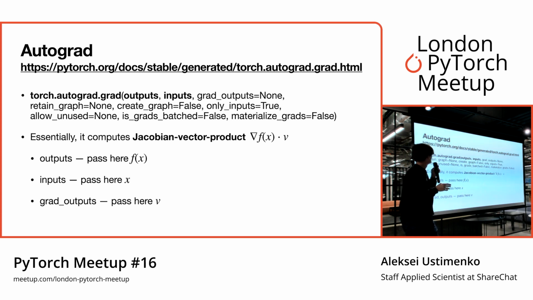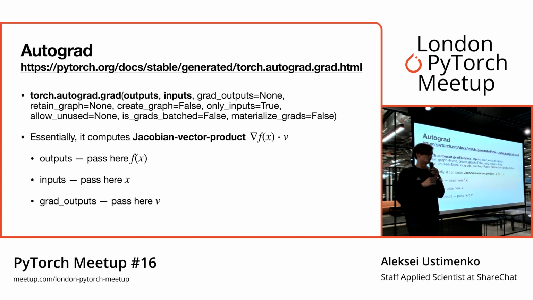We pass three major inputs: our function that we want to compute, in our case the neural network evaluated at some point; with respect to what we want to differentiate, whether it is coordinates or time; and the direction with respect to which we want to differentiate. And that's basically it.